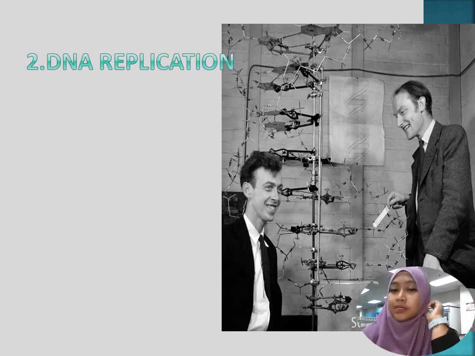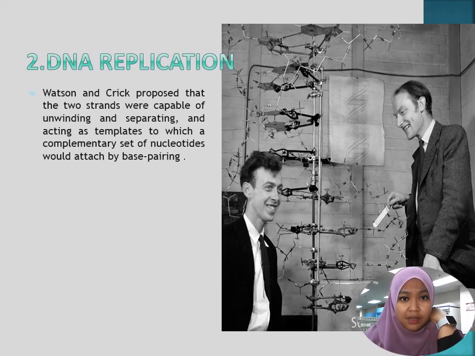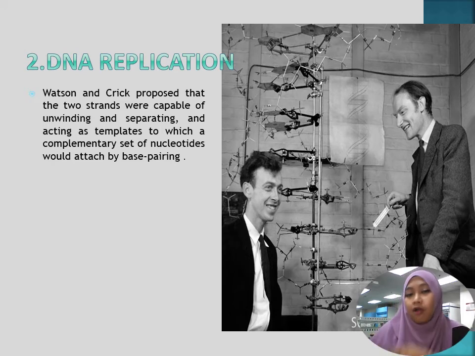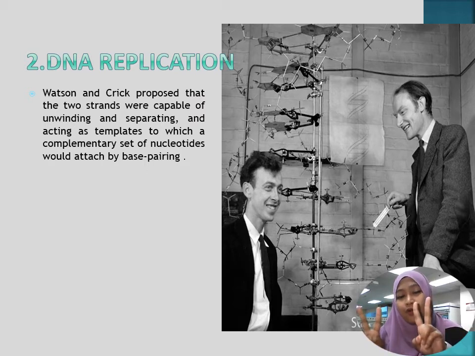Watson and Crick were friends. They made the model for DNA replication, proposing that DNA contains two strands that are capable of unwinding and separating. Each of these strands will form a base, or we call it a template, for the replication. We know that DNA replication produces a copy of DNA, so from one single DNA to become two, then from two become four, and so on.